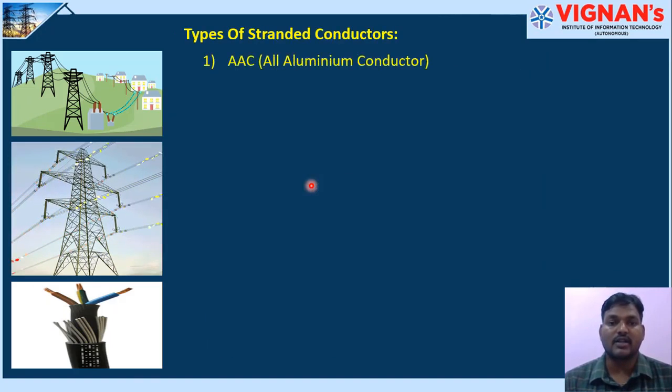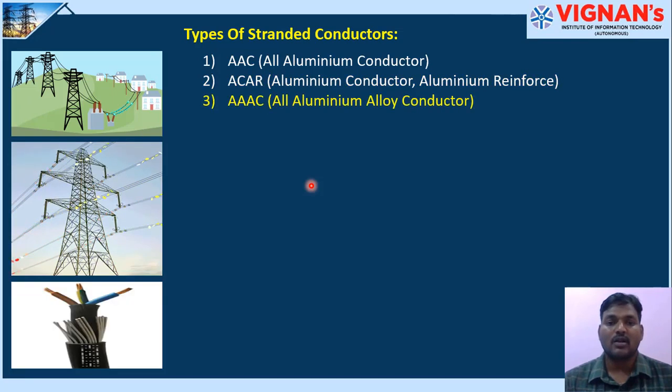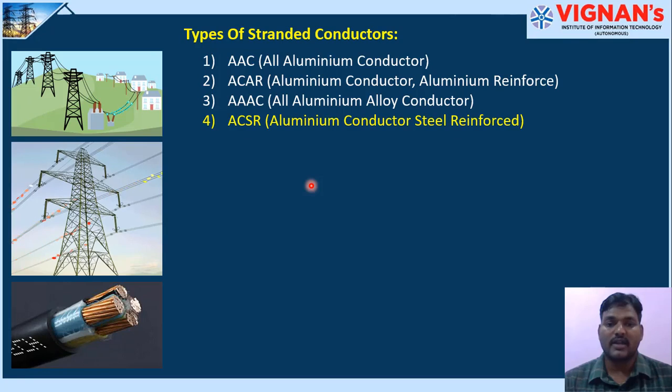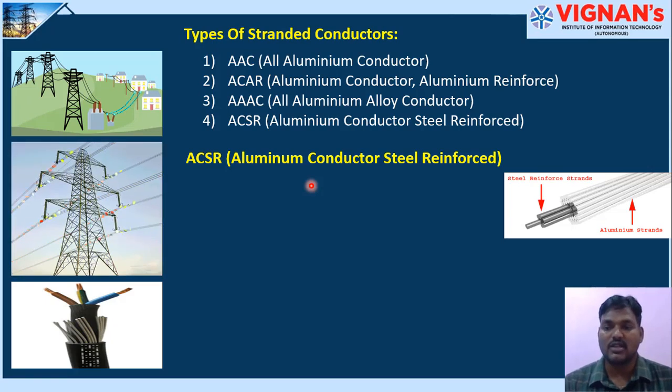Types of stranded conductors: AAC, all aluminum conductor; ACAR, aluminum conductor aluminum reinforced; AAAC, all aluminum alloy conductor; and ACSR, aluminum conductor steel reinforced, which is most commonly used. So which you can see here in this diagram.